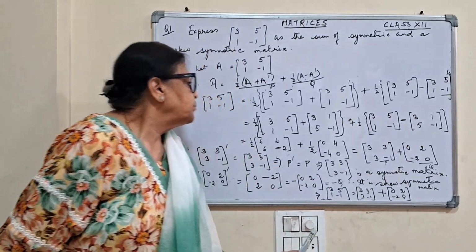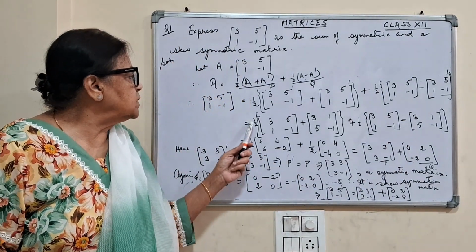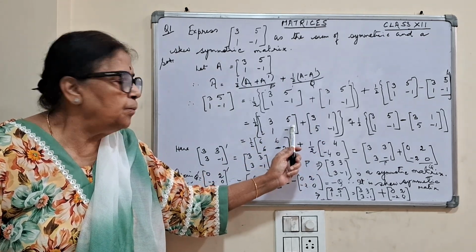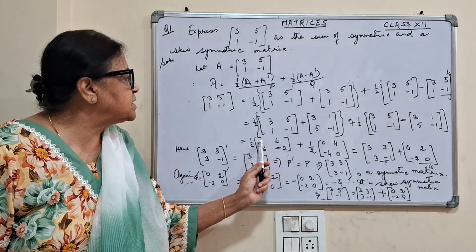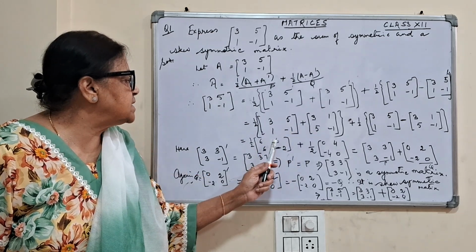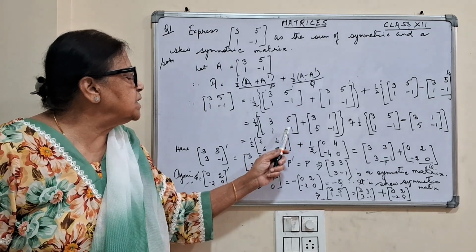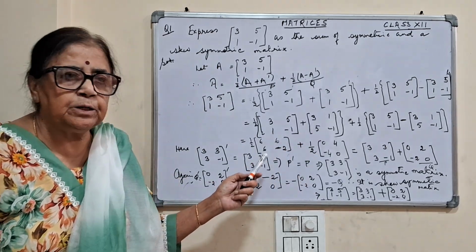Now here we add these two. 3 plus 3 is 6, 5 plus 1 is 6, and 5 plus 1 again 6, and minus 1 and minus 1 is minus 2.